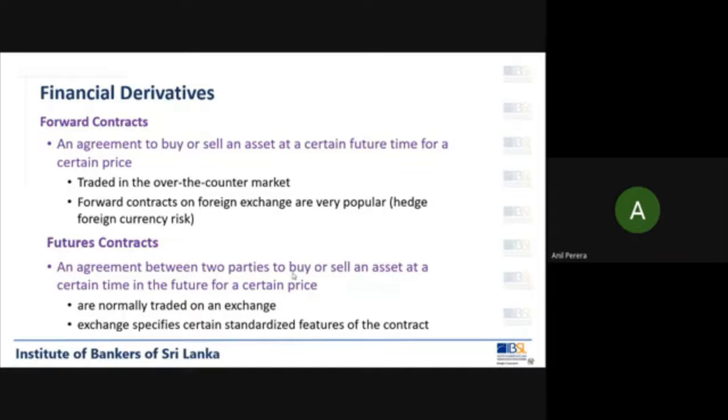So accordingly, at the maturity date, the delivery means settlement, right? Settlement will happen at the price agreed today, irrespective of the market prices prevailing at that time.